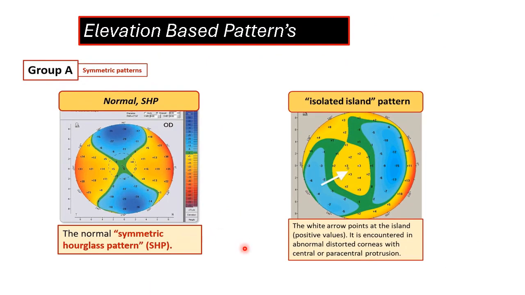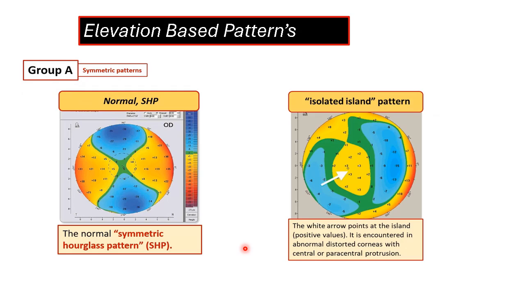The other parameter we should look for when we look at the elevation map is the pattern of the display. We always look at the numerical data and also at the pattern, because there are normal patterns and abnormal patterns.